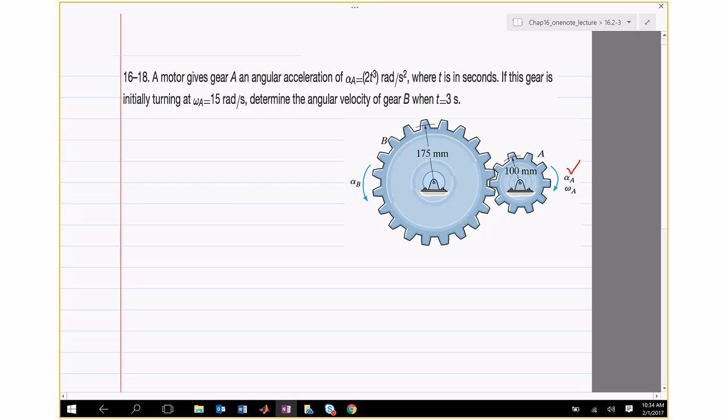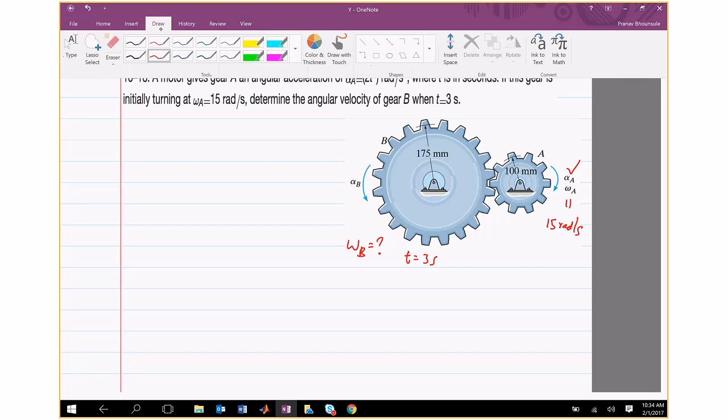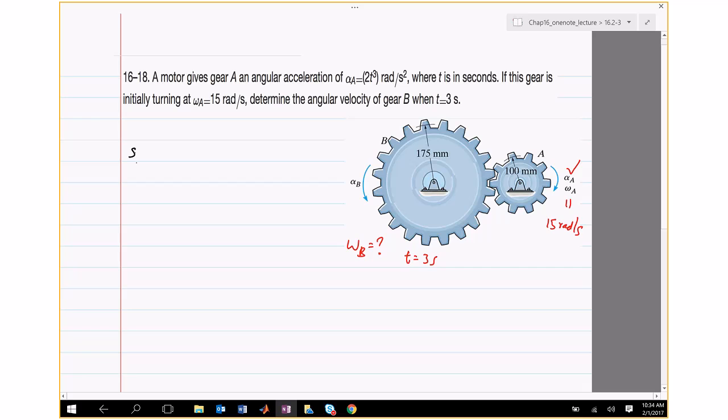If this gear is initially turning at omega A equals 15 radians per second, determine the angular velocity of gear B when time t is 3 seconds. So solution, we need to find omega B when we're given omega A and alpha A.